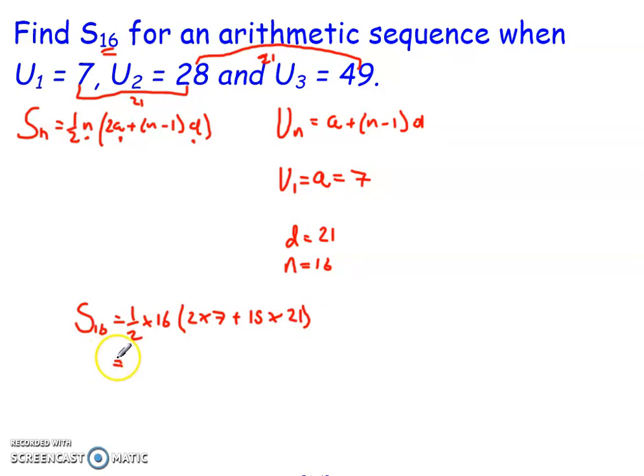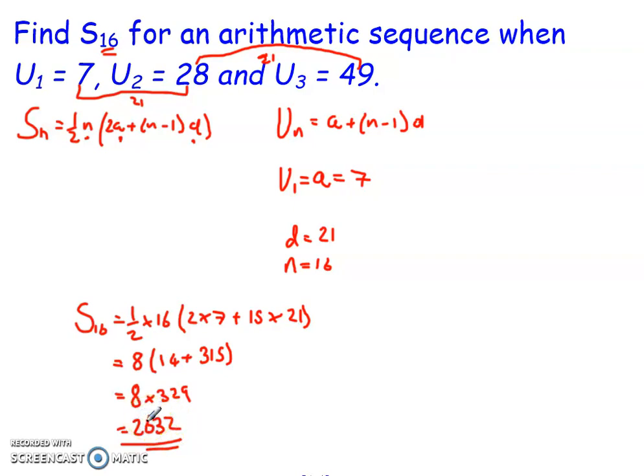So a half times 16 is just 8, so that's 8, bracket 2 times 7, which is 14, plus 15 times 21, which is 315. That means 8 times the sum of these two, which is 329. What that then gives me is 2,632.